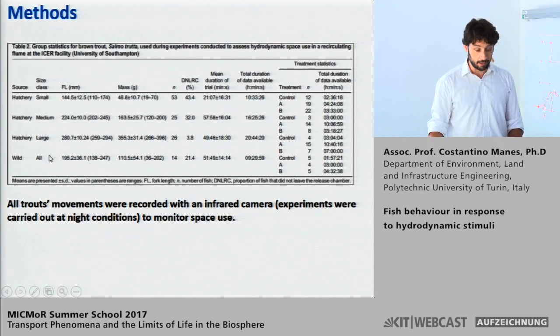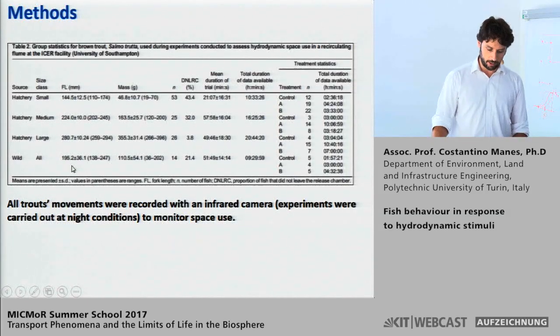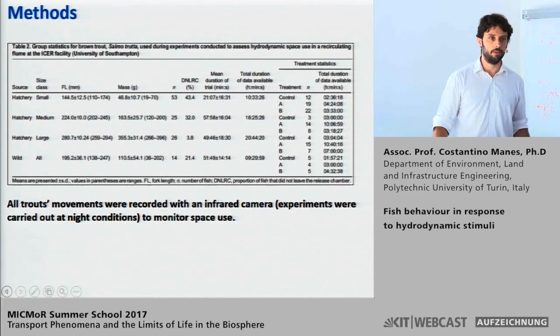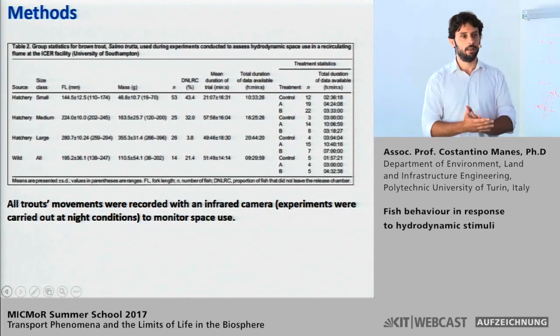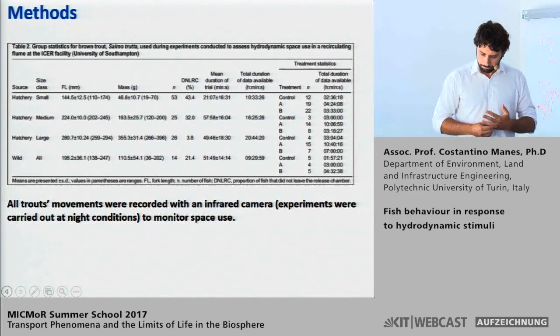Because what we are interested in are actually wild fish. But obviously there are regulations. You cannot fish many, and they're difficult to fish. It takes time. They die when you transport them to the lab. I mean, you need to have the proper facilities to maintain them in a hydraulics lab. It's a lot of work.